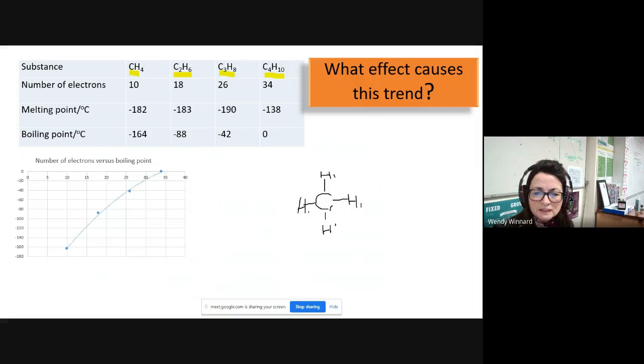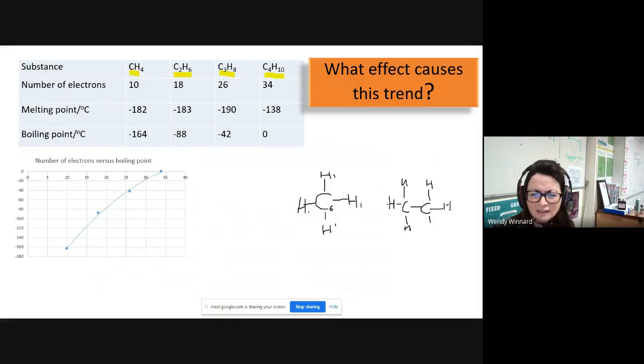Carbon has 6 electrons. So the total number of electrons in there is 10. The next one along, ethane: each carbon's got 6, that's 12, then 13, 14, 15, 16, 17, 18 electrons. So why are we looking at electrons?